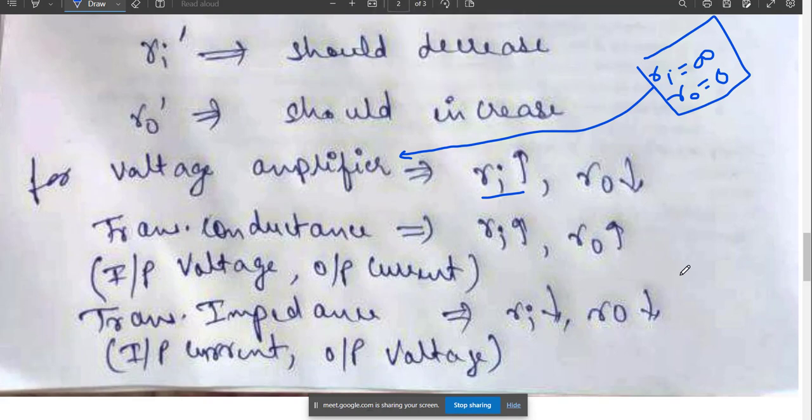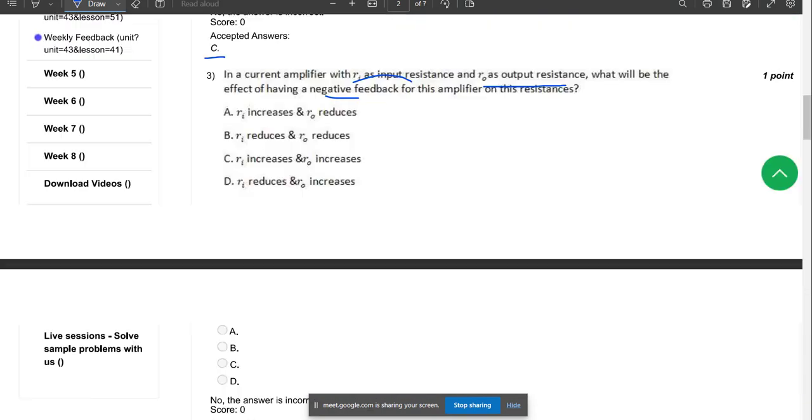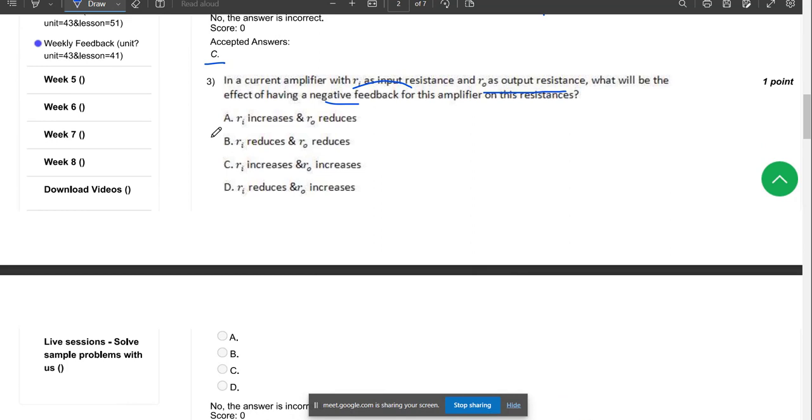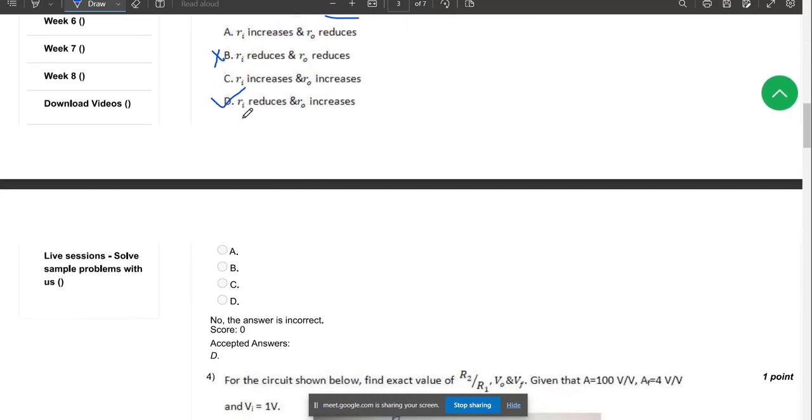No, ma'am. Okay. So Ri reduces and Ro increases.